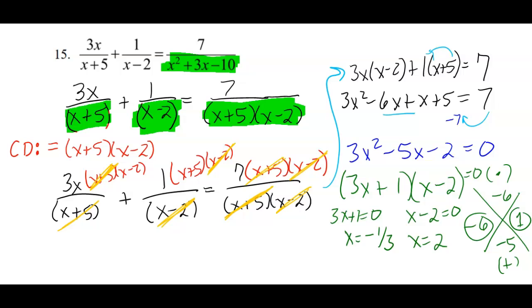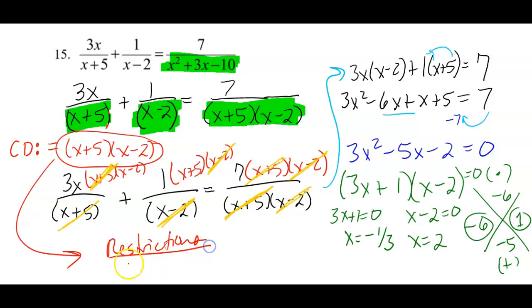What do I need to do to check? Take your common denominator, because that's what you check for your restrictions. So I need to know where x plus 5 times x minus 2 is equal to 0. That's x plus 5 equals 0, and x minus 2 equals 0.